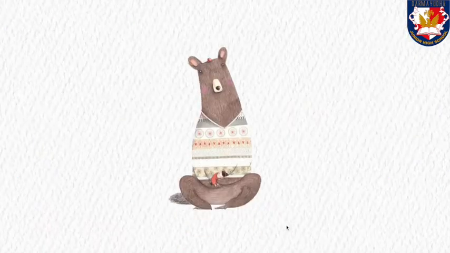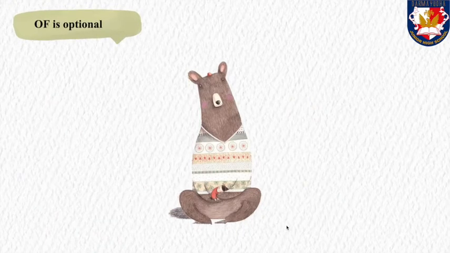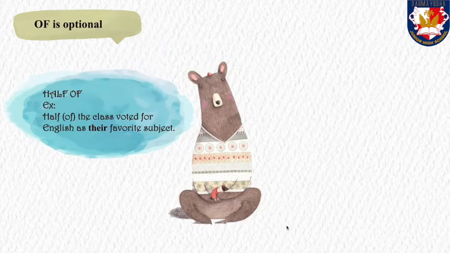Now, the second one, of, is optional. It means that in these words, you may or you may not use the preposition of. As the word you see here, half of.